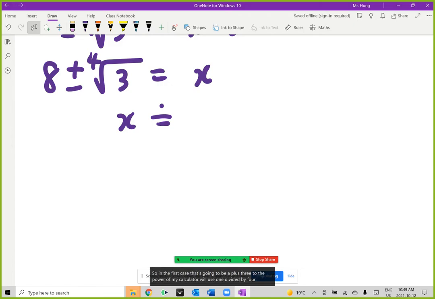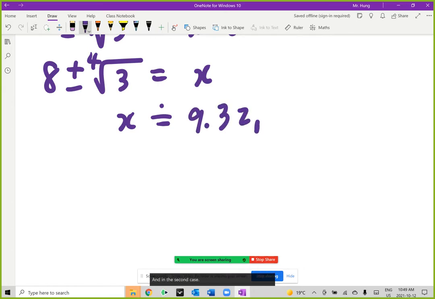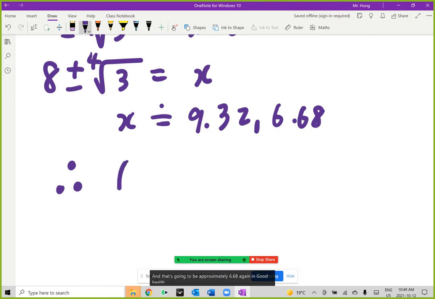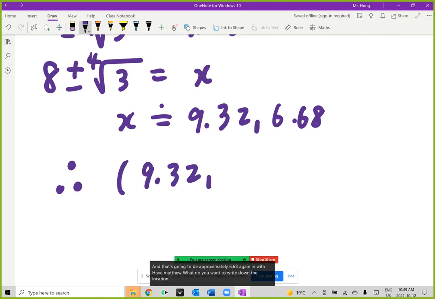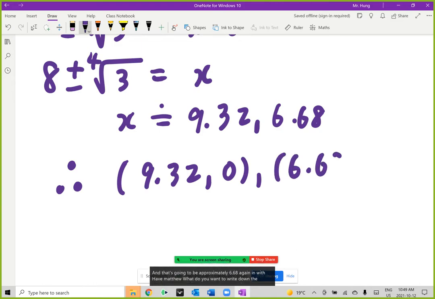That's going to be 9.32. And in the second case, I'm going to take 8 minus 3 to the power of 1 divided by 4. And that's going to be approximately 6.68. Again, in grade 12 math, you really want to write down the location, not just the x value. So there's the first x-intercept and the second x-intercept, just like that.